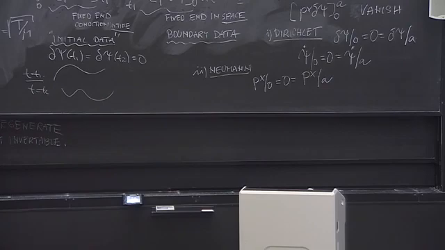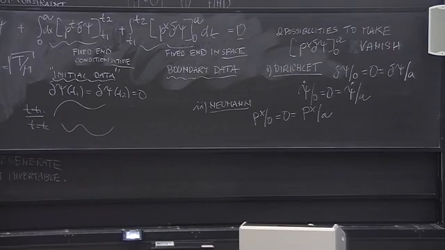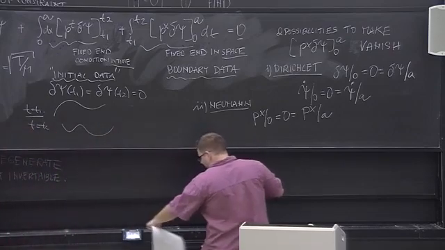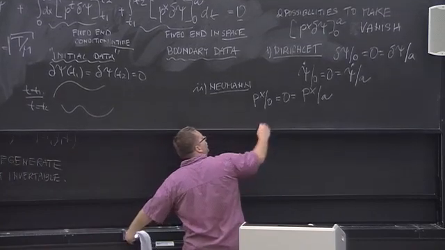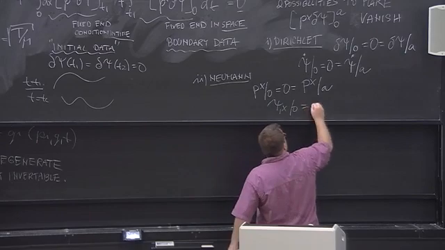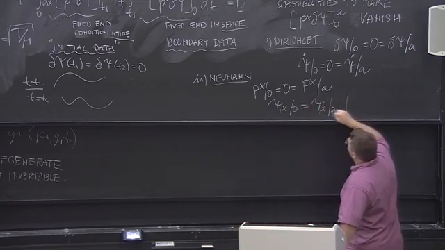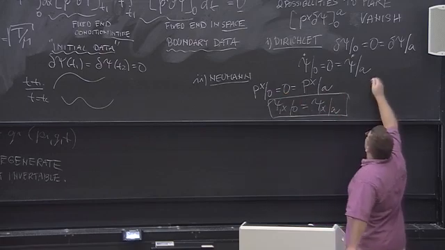But p_x is just psi_x, the derivative of psi with respect to x. So psi_x at 0 equals psi_x at a. And so that's the second condition.